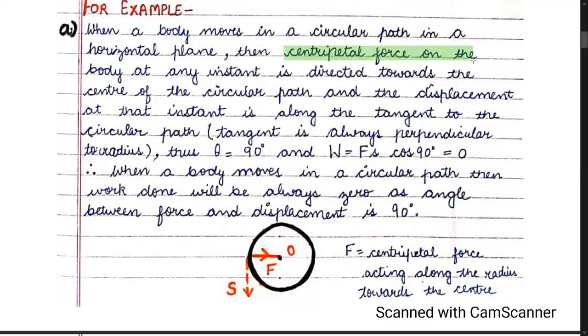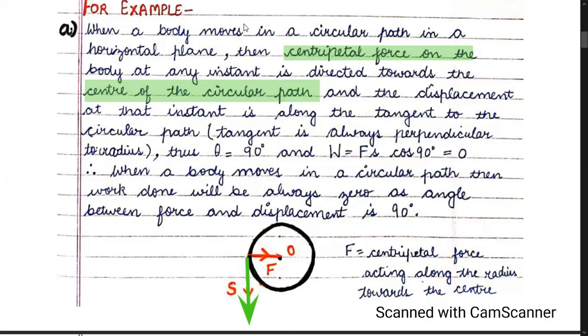Then centripetal force on the body at any instant is directed towards the center of circular path, and the displacement at that instant is along the tangent. The velocity was also along the tangent. Displacement is also along the direction of velocity. So displacement is acting tangentially while force is acting along the radius towards the center.